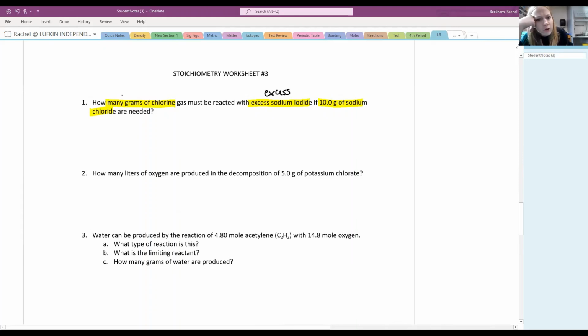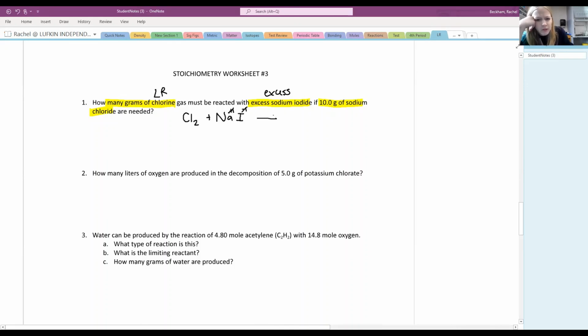You already know that chlorine, this has got to be the limiting reactant right here. So all you've got to do is write your equation for it. And it doesn't really tell you the equation, but you can write it out, right? Because it looks like we've got chlorine gas and sodium iodide. Crossover, right?